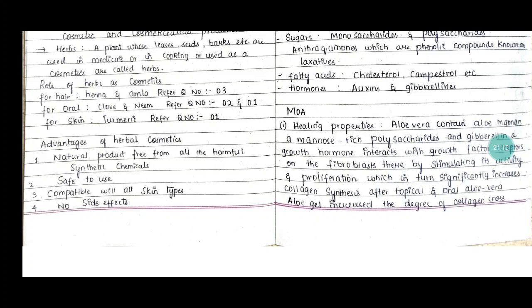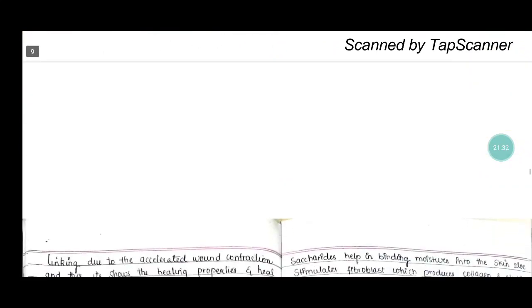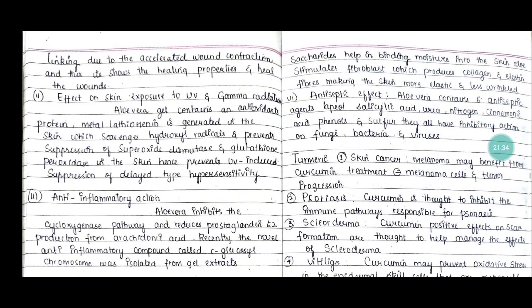There is a stimulating activity of proliferation, which in turn significantly increases collagen synthesis after topical or oral aloe vera. So aloe gel increases the degree of collagen cross-linking due to accelerated wound contraction, and it shows the healing property of healing wounds.